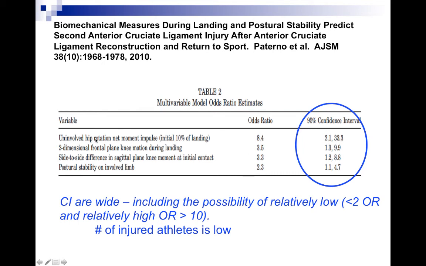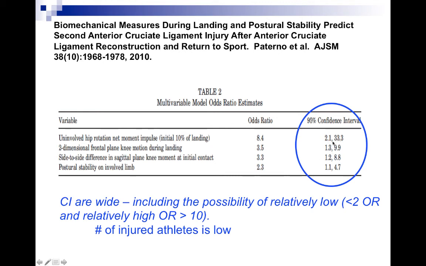And we can see the highest single variables, the hip rotation moment variable of the uninvolved side, which is quite high actually. But look at the confidence interval. It ranges from 2.1, which would be fairly low, and as high as 33.3, which would be very significant.